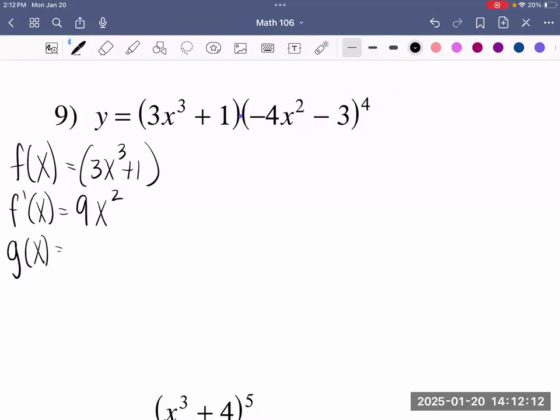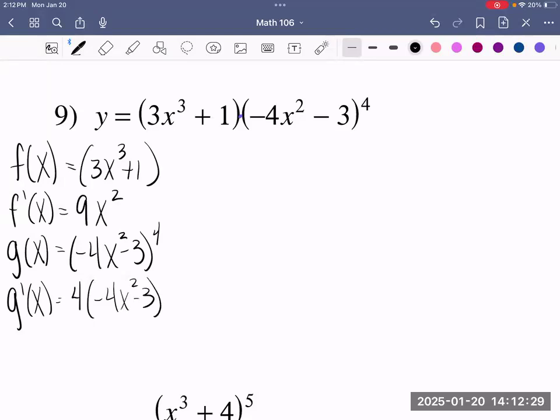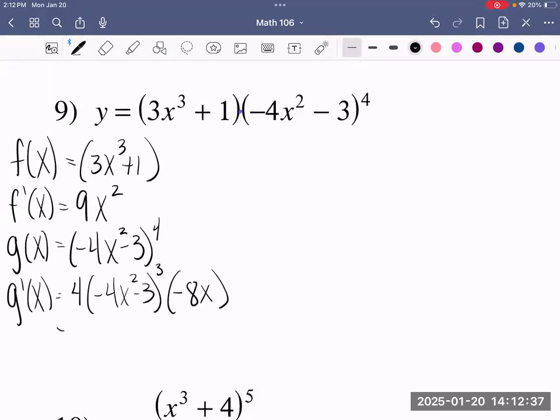The g of x will be your second parentheses. My apologies. When we go to derive, we have to bring down the 4, change the power, and take the derivative. I would say simplify first, so make this a negative 32x.